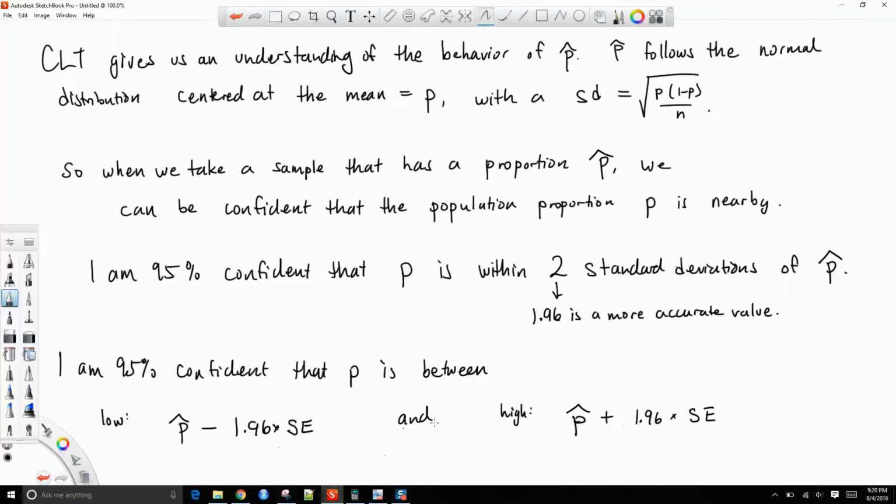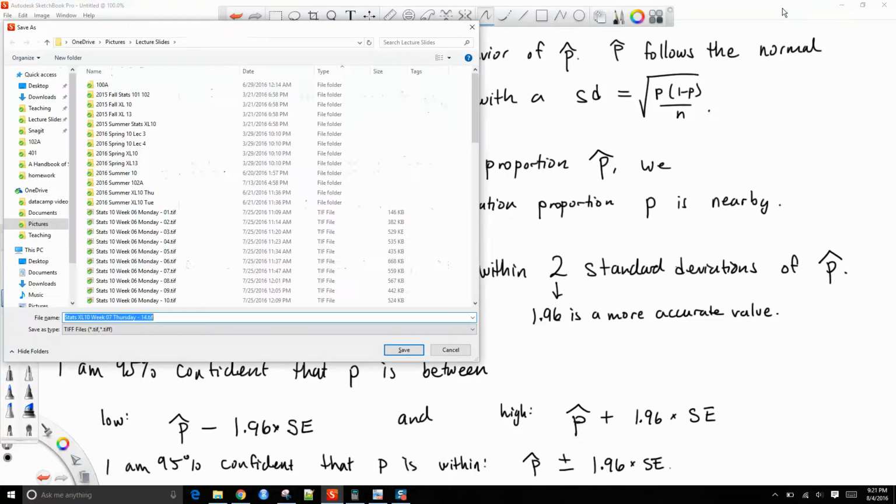And because I'm pretty much writing the same thing twice, we'll just say I am 95% confident that P is within, we're going to write P hat plus minus 1.96 times the standard error. Okay, so I'm basically just taking the plus and the minus and putting them together, so I don't have to write P hat minus 1.96 standard errors and P hat plus 1.96 standard errors.